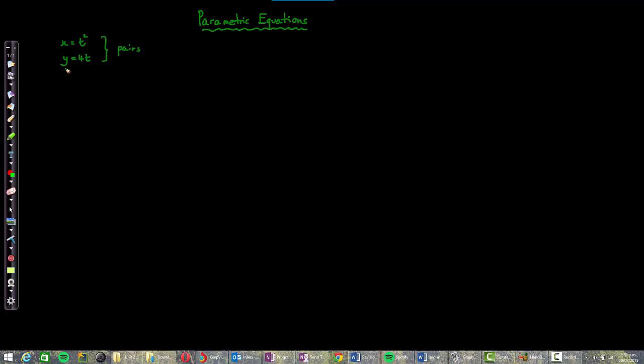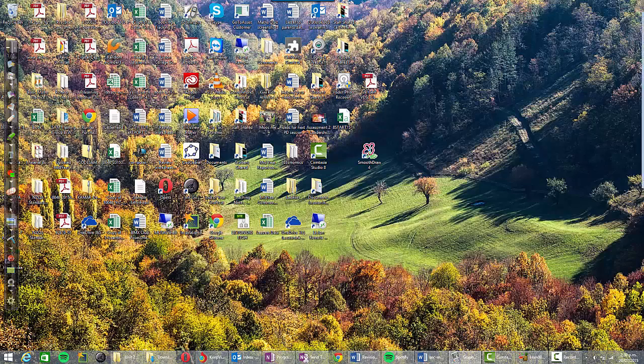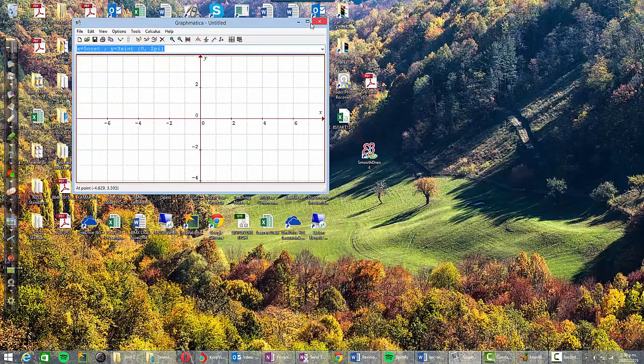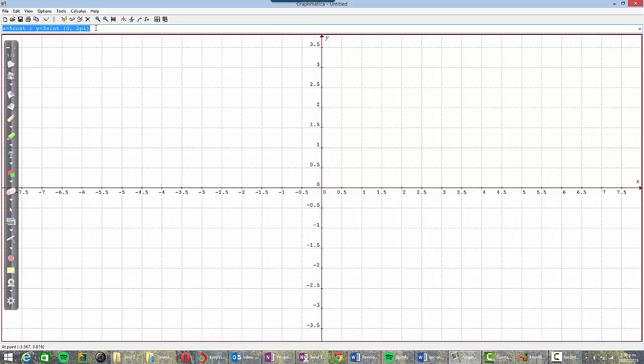So we can graph that pretty easily to see what these kind of things look like. So I'm just going to drop back to my desktop here, and we'll bring over Graphmatica. Okay, and let's remove that particular equation, and let's actually put in that pair of equations that we just had.